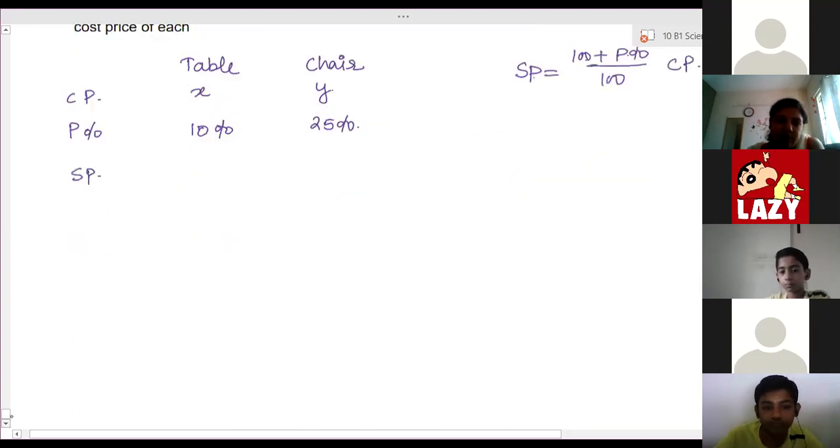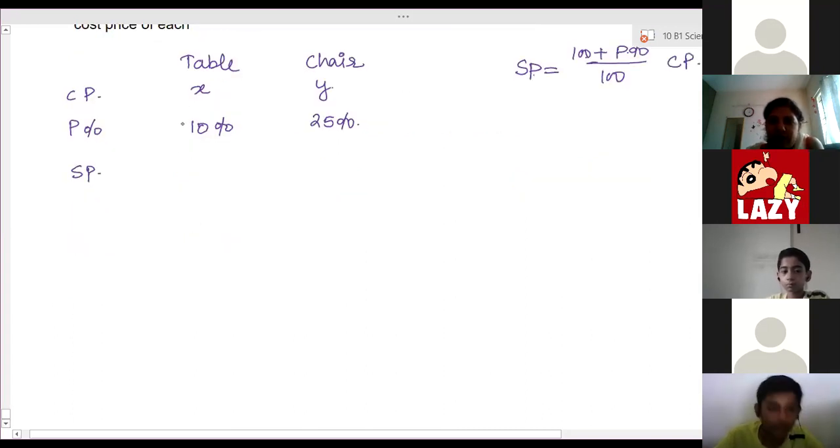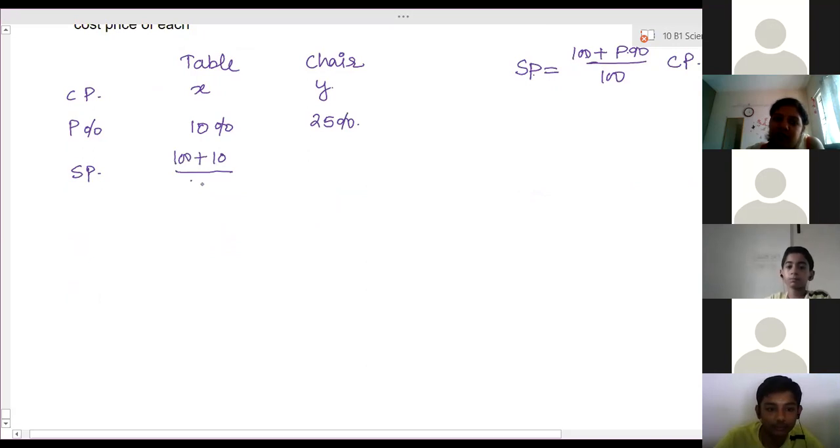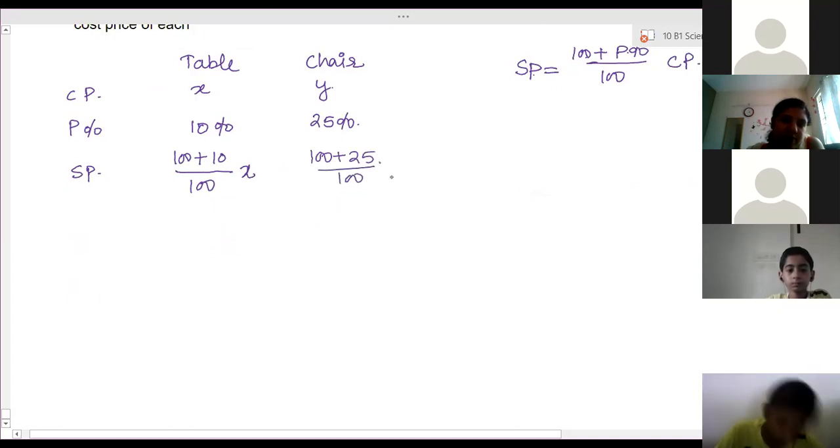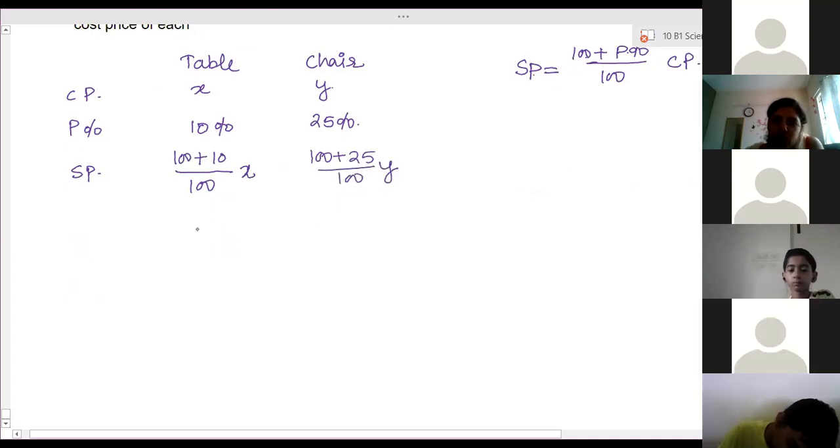So we have to find out the SP of table. What is the selling price of table? 100 plus 10 by 100 into cost price X, right? And 100 plus profit percent 25 divided by 100 into Y. So total selling price is 1050.